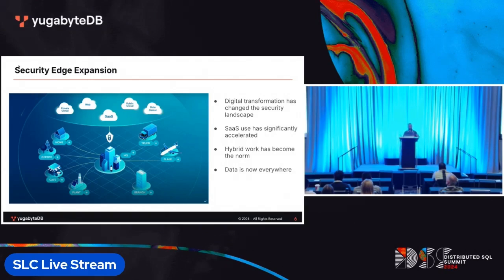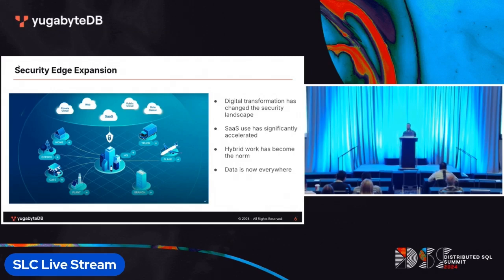I could speak at length about the digital transformation over the last 20 years, but I think we all know that's really accelerated in the last decade or so. Over that time, enterprises flocked to SaaS services, moving out of their data centers, which pushed the need for security services out to the edge.